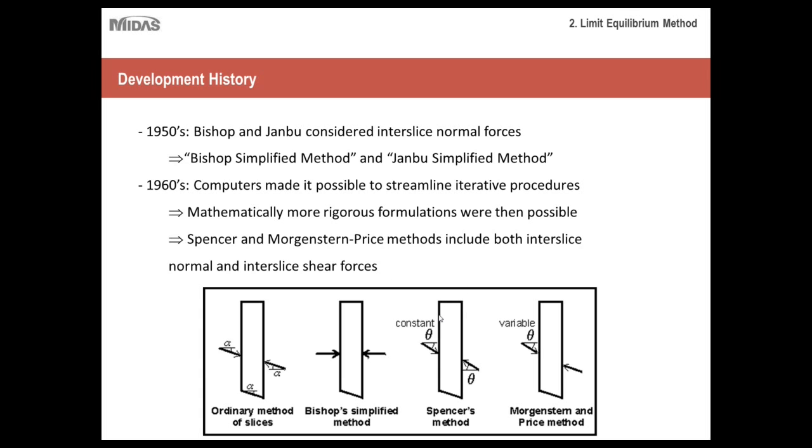As you can see, Spencer's and the Morgenstern-Price method not only consider the normal forces of the interslice forces, but also shear forces, or forces that are acting up and down between the slices. So this is harder to do. It's more mathematically rigorous, but because of computer programs, engineers were able to utilize these methods to get more accurate, more detailed results as far as their limit equilibrium methods.